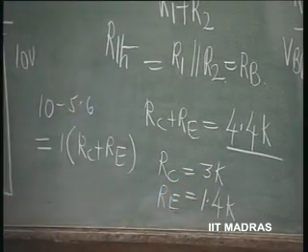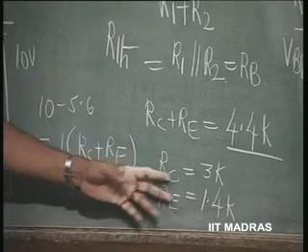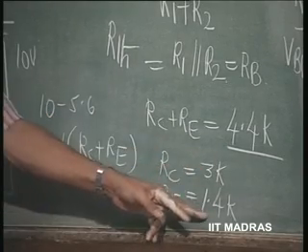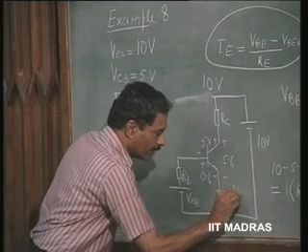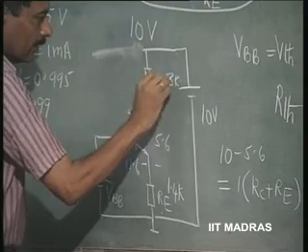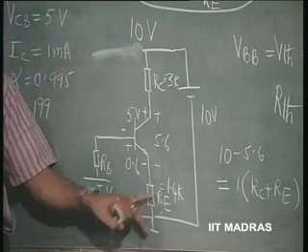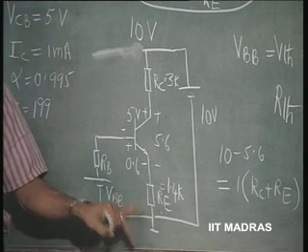This is now looking somewhat arbitrary. This depends upon what kind of load resistance you should have. So, RC equal to 3K and RE equal to 1.4K is a solution here. If you do that, then this is 1.4K and this is 3K. So, 1.4K into 1 milliampere is a 1.4 volts drop here plus 0.6.